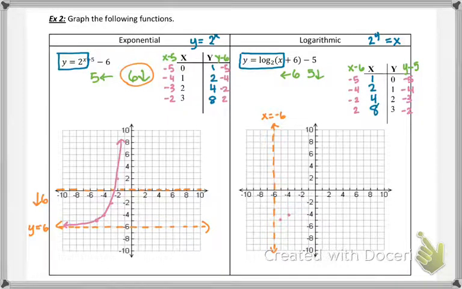Negative 2, negative 3. And 2, negative 2. Let's go ahead and connect and graph. Again, you know that your graph is going to get closer and closer to the vertical asymptote on the left, and it's going to keep going down, just like that.